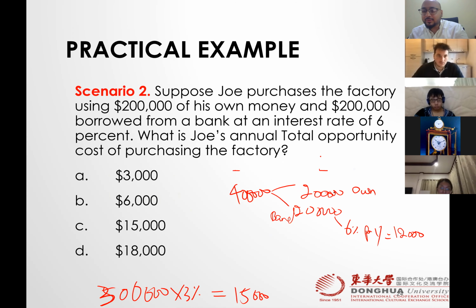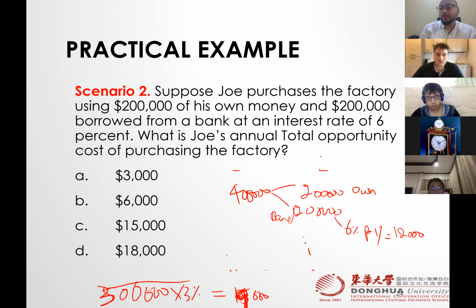By investing in his own factory, is he earning any interest? No. He lost interest. So how much interest did he lose? What is the implicit cost? Implicit cost is lost interest, which is $200,000 multiplied by 3%. Answer is $6,000.